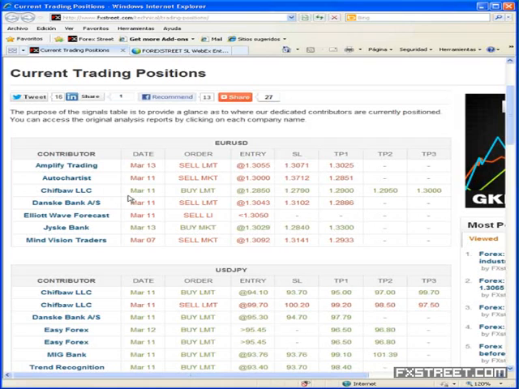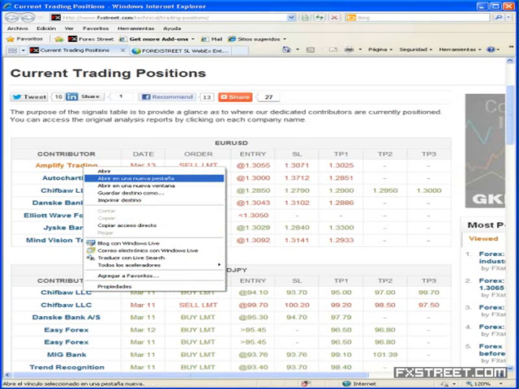For a more approximate time, you can always click on the contributor, let us see as an example here. This will immediately link to the report where we extracted that information.